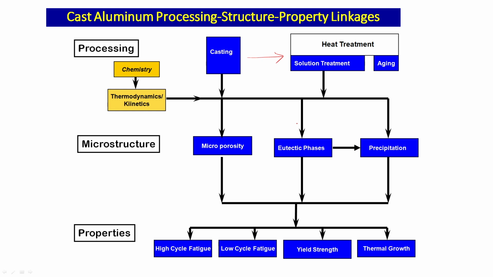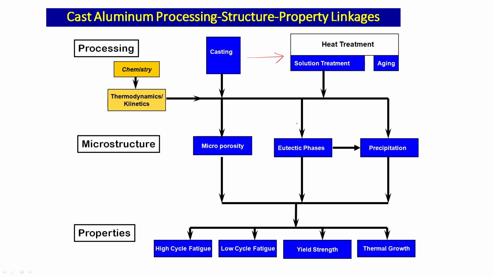Then you can understand the microstructure in terms of porosities in the castings, eutectic phases as well as precipitates. From there we should be able to predict properties of the material, especially mechanical properties such as high cycle fatigue, low cycle fatigue, yield strength, as well as the thermal growth behavior of the precipitates. And we should be able to do heat treatment at a virtual level, not with real experiments. Heat treatment means solutionizing treatment and aging treatment.